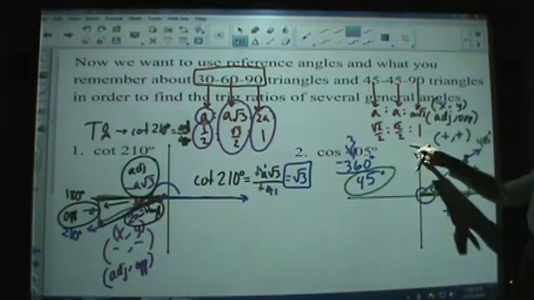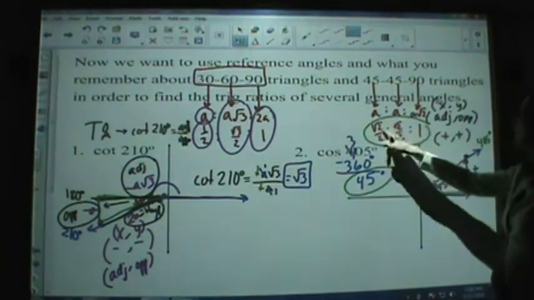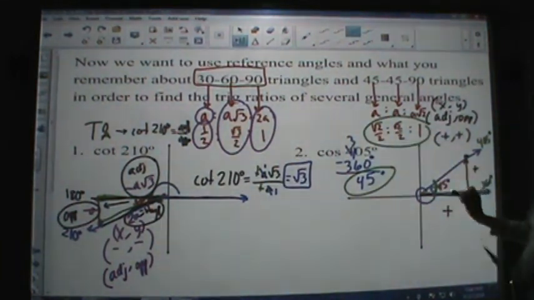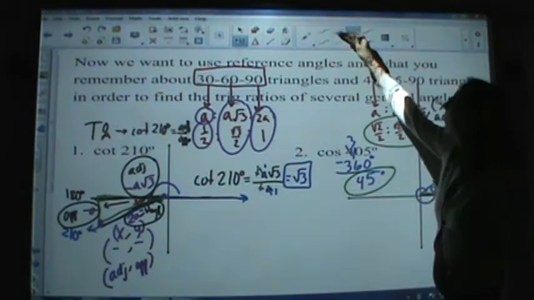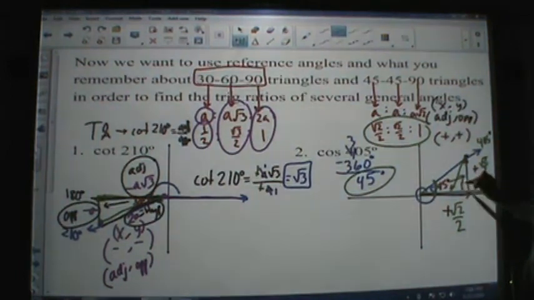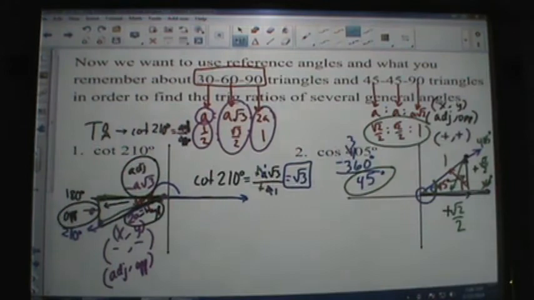So I'm going to go with numbers on this one because I did variables on that one. Across from each of the 45 degrees, I'm going to write a root 2 over 2. Our right angle is right here. Across from it is the hypotenuse, which we're calling 1.